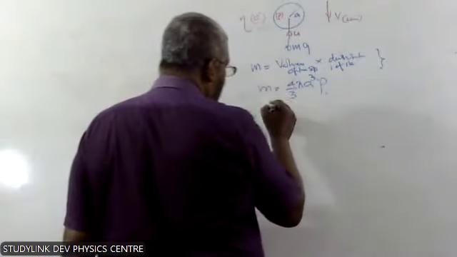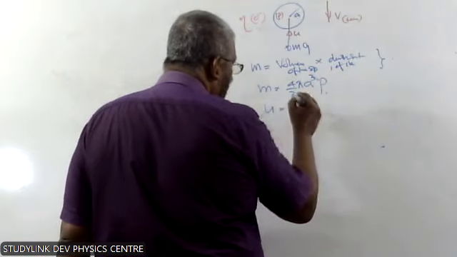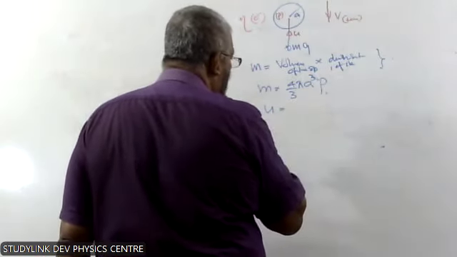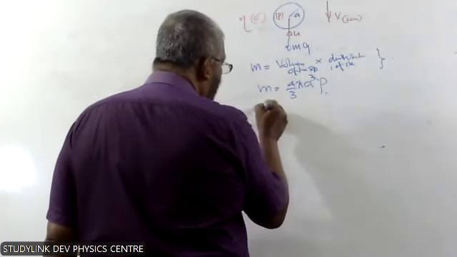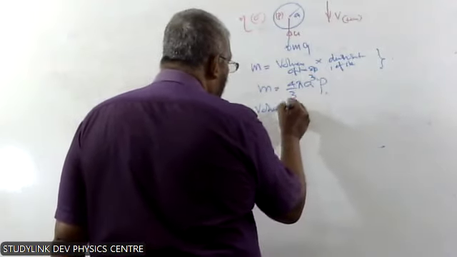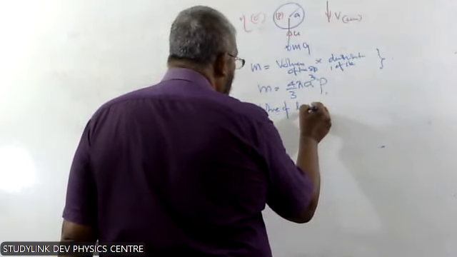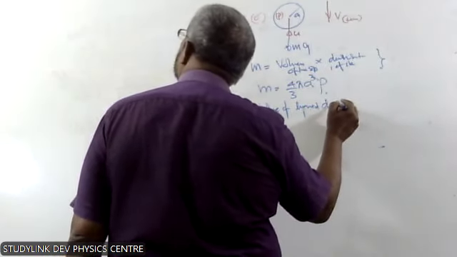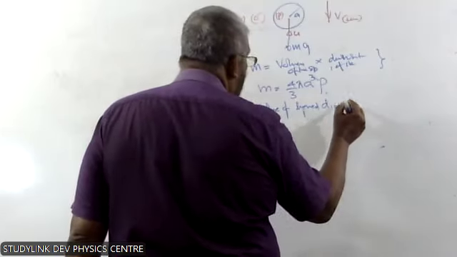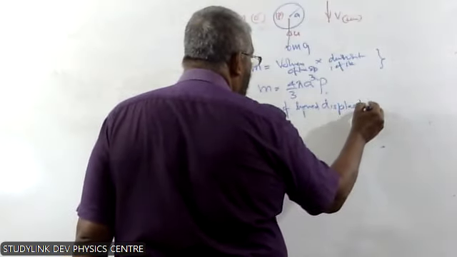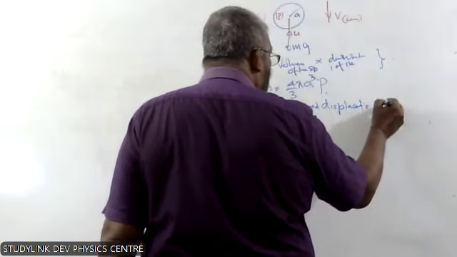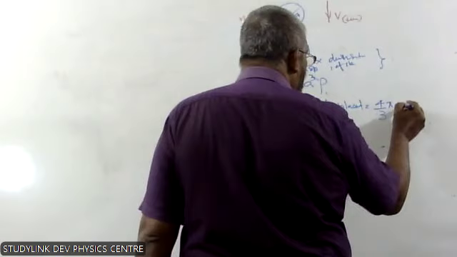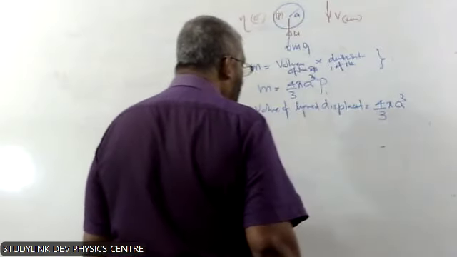Then upthrust is equal to the weight of the liquid displaced. So first I write volume of liquid displaced. That is equal to the volume of the sphere, 4 by 3 pi a to the power 3.